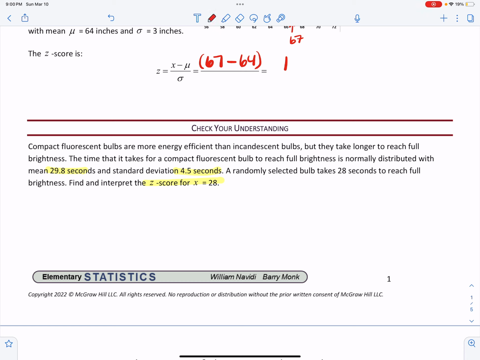Again, the value that we want to look at is a time of 28 seconds. So if we're going to standardize that, we would take that value, 28 seconds, subtract its mean, 29.8, and divide by the standard deviation, which is 4.5.